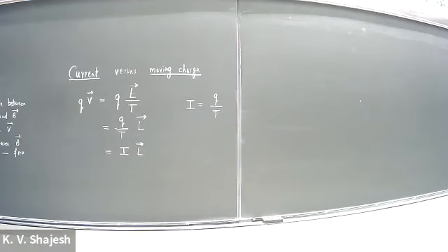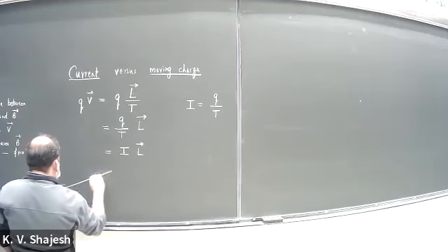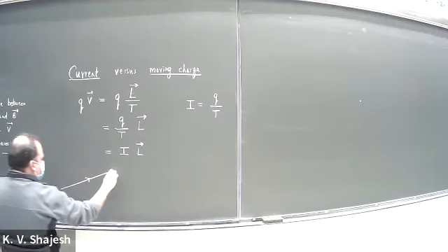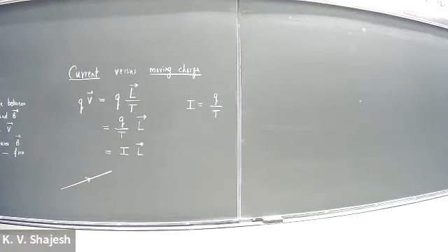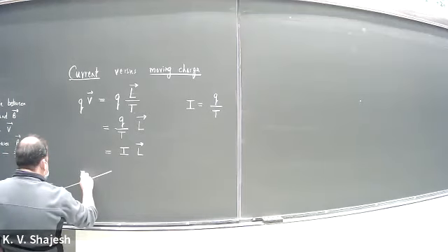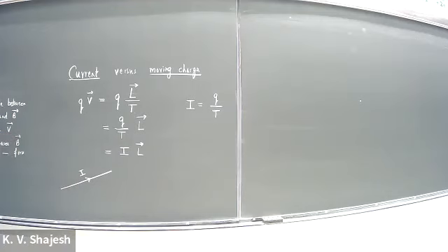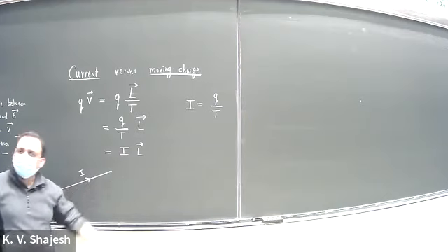Now, what does that mean? Length of what? We have a wire going from point A to point B. This could be the battery, and this is connected to a component there. That's a current I. Current I does not have any direction, but the length L here has a direction.